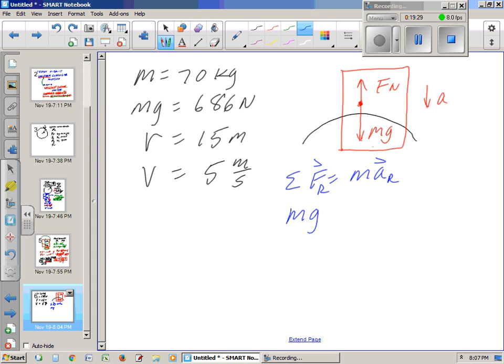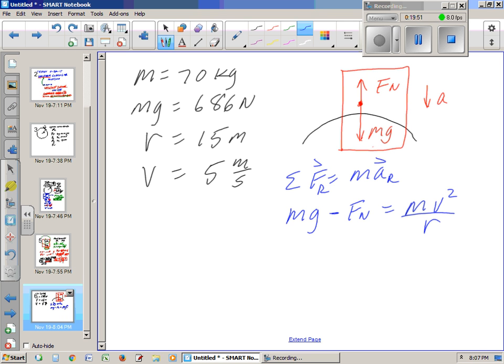Adding on the normal force, which is opposing the direction of the acceleration, that negative force being added on would make it look like mg minus Fn. And then that's going to be mv squared over r. These kind of problems get finished very quickly. There's only 1 or 2 lines in them generally.